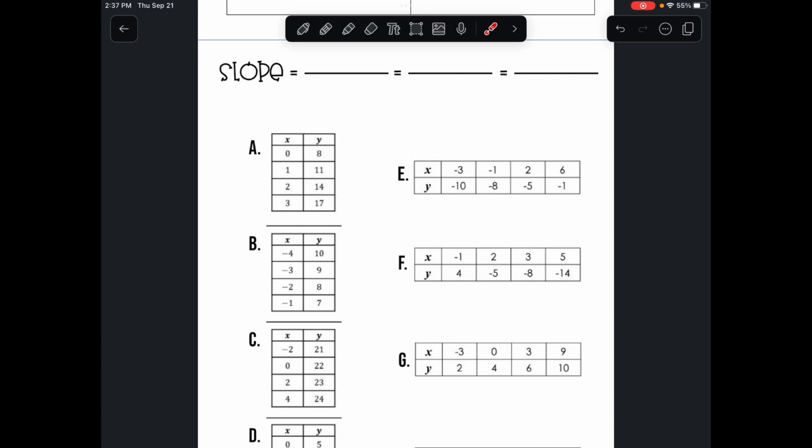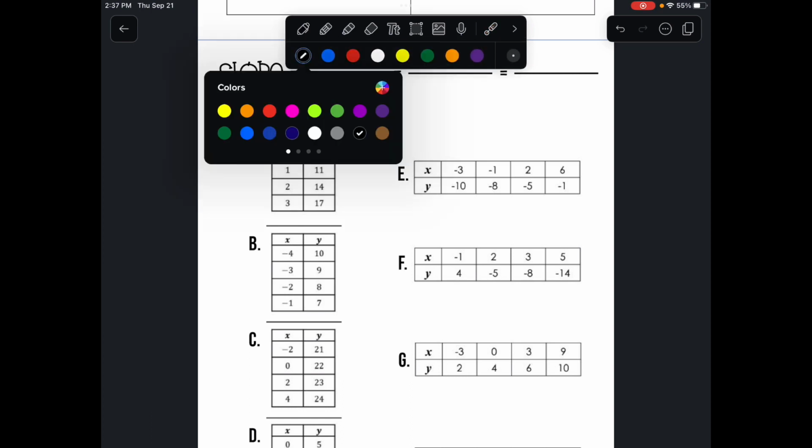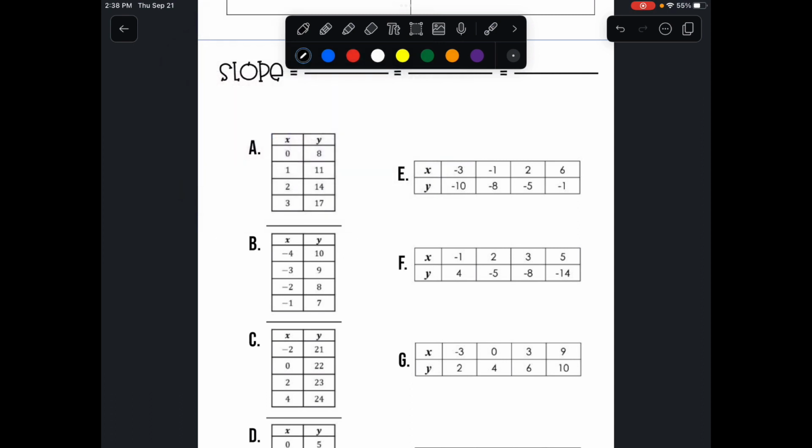Before we start looking at our tables, we're going to fill out a little bit of notes up on the top here, just some reminders about what slope is and when we are going to use the different methods to be able to find slope.